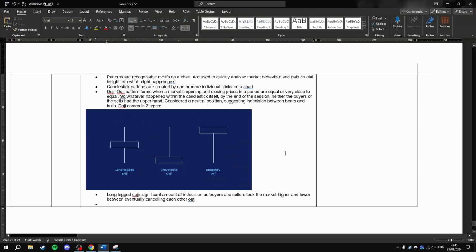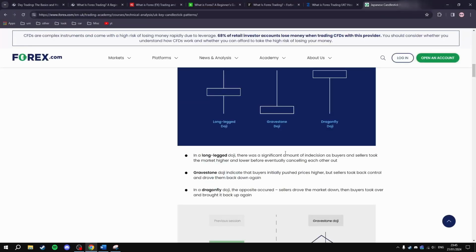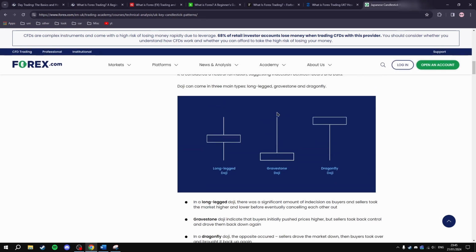Gravestone doji. It indicates that buyers initially pushed prices higher, so it goes boom, but sellers took back control and drove them back down again. Boom.